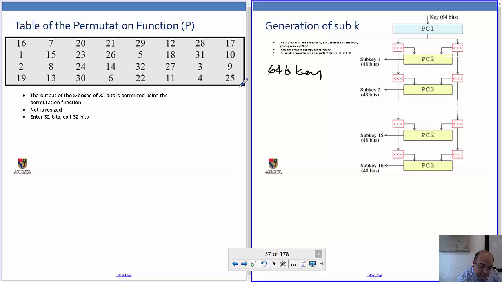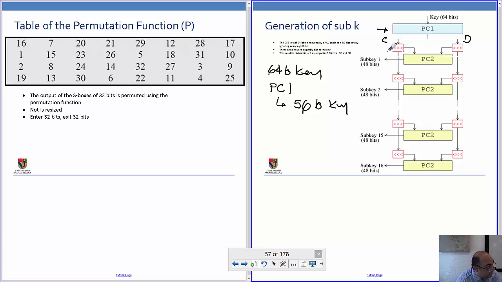The input of this key is taken by the permuted choice number 1. What permuted choice 1 will do is convert the 64-bit key into a 56-bit key, taking the parity bits out. Then it will be divided into the left and right side, C and D.